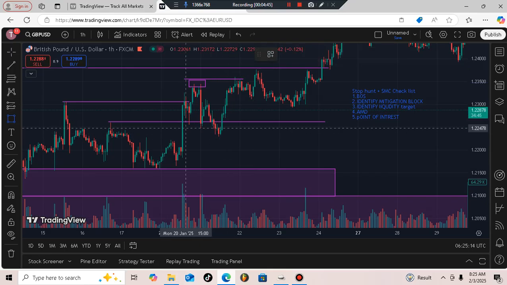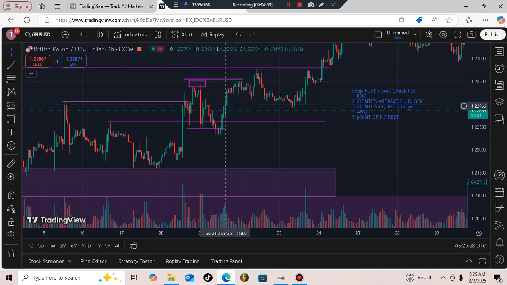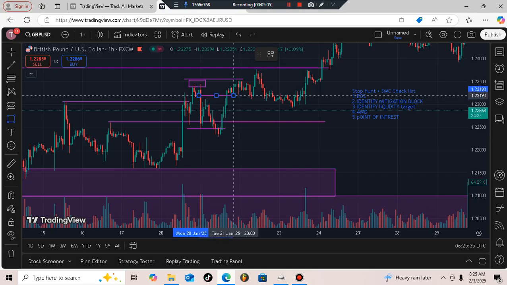There were people who went into this fair value gap quite early, so their stop losses were somewhere here, and they got taken out as well. So already we've identified our external and internal liquidity. Obviously, there were people selling on that fair value gap, with stop losses there, and things like that. Very nice stuff that we love to see. So we've identified our liquidity targets.